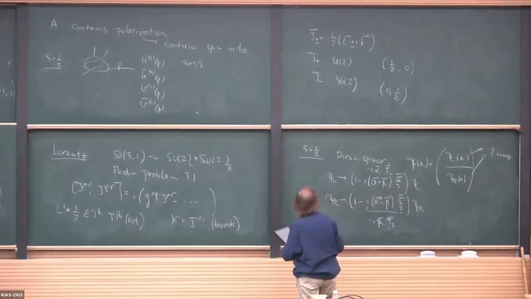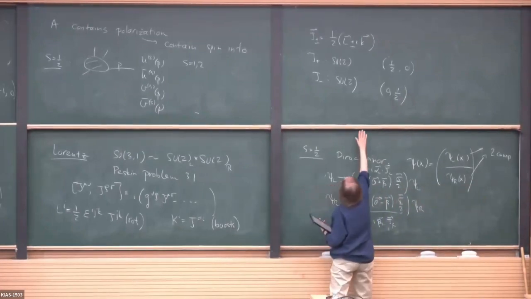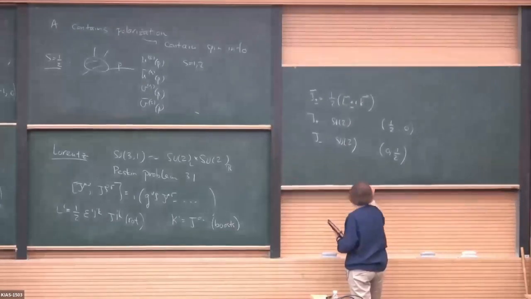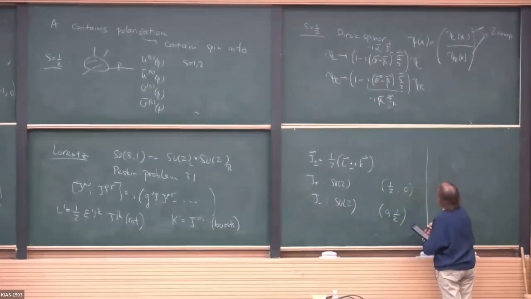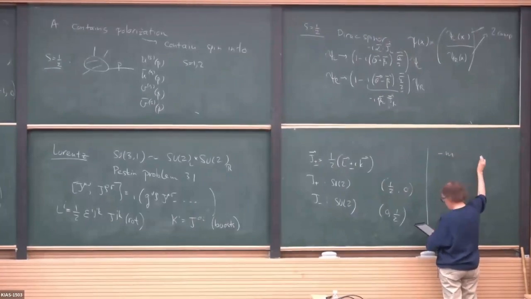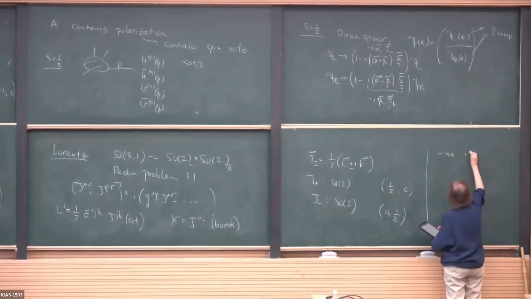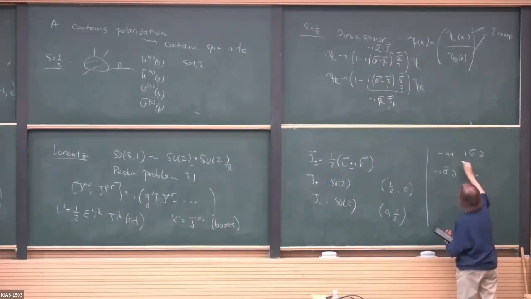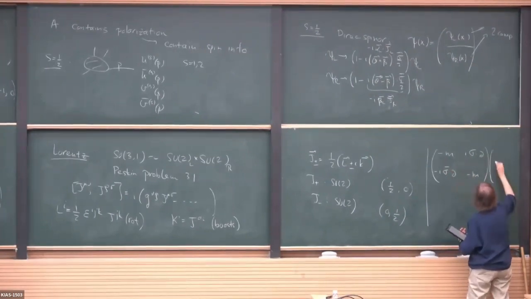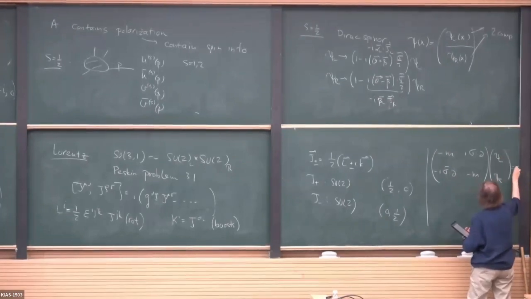And the Dirac equation connects them in the following way. We have the matrix (minus m, i sigma dot D; i sigma bar dot D, minus m) acting on (psi_L, psi_R) equals 0.